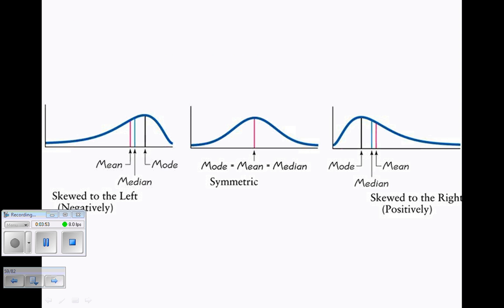Here you can see skewed left, skewed right, and symmetric, and what ends up happening. This is really important to know. If you have skewed data, you want to use the center that is less affected. So if your data is skewed, you would pick the median for your center. If it's symmetric, usually we take the mean.